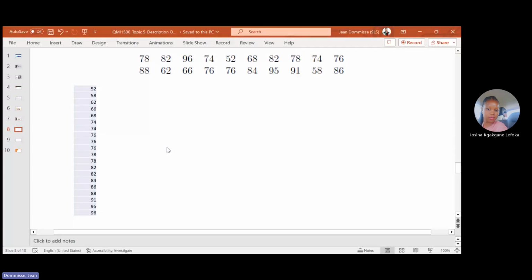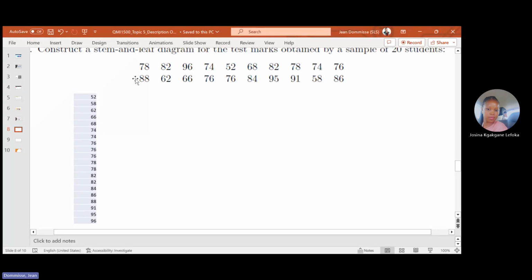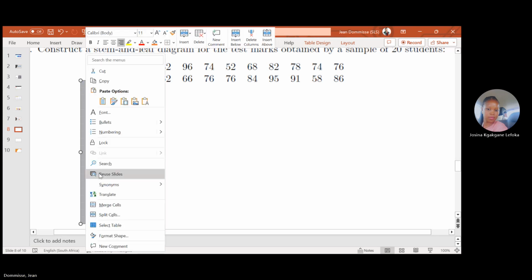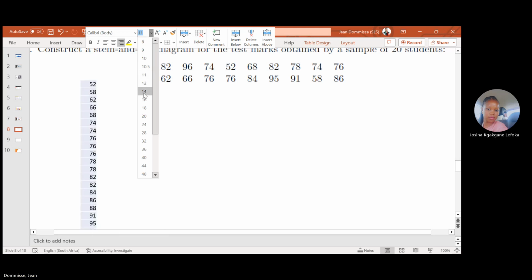Okay, so what I've now done is I've taken this data and copied it over so that we can work with it. Let's see if I can make it a bit bigger. Is that possible? Font.